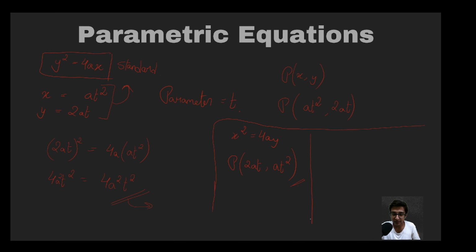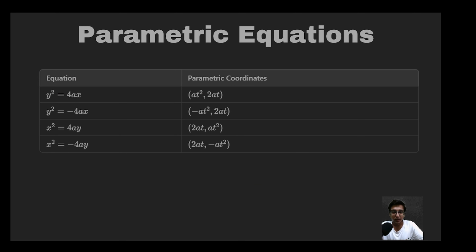And let's do one more standard, which is y square is equal to minus 4ax. If this was the condition, then our parameters would have been (minus at square, 2at). Here in this table, you can see all these parameters have been provided to you. I don't think you can remember all these things. If you just remember this one parameter, it will be easier for you to derive all these three.